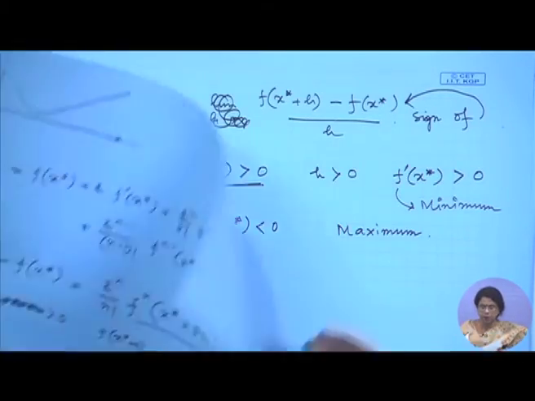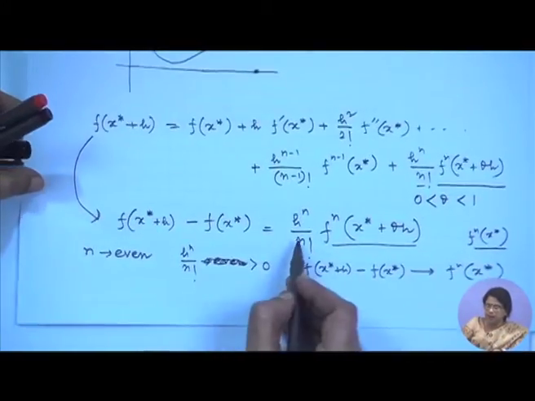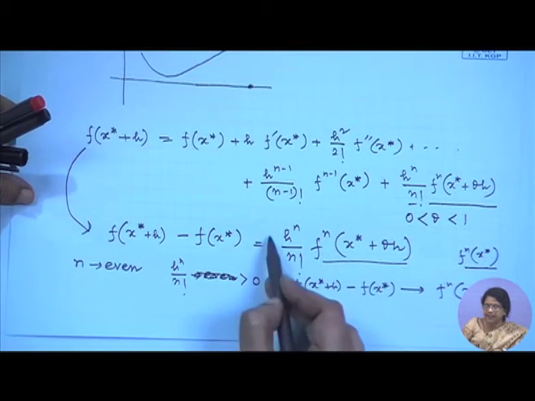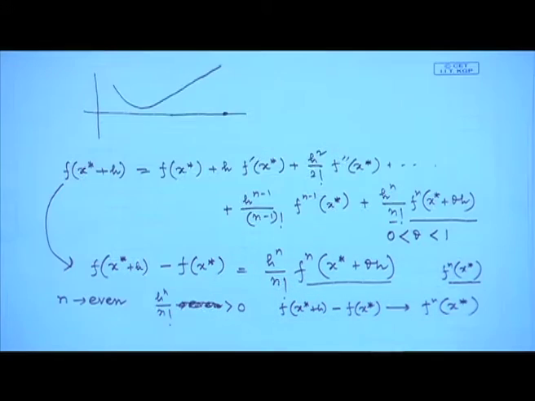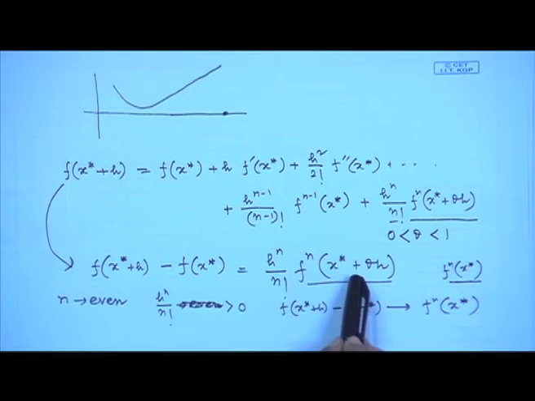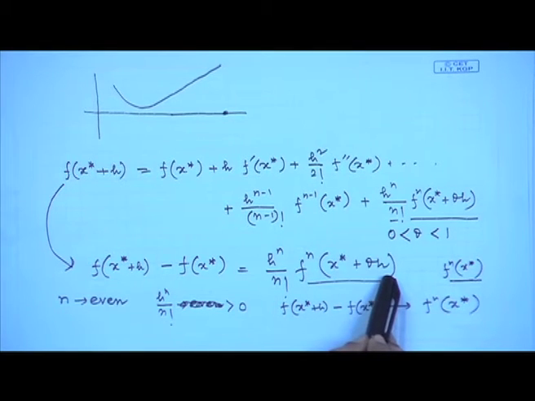But when n is odd, look at this function. If n is odd, we cannot say anything from here. Now, you see what we are getting from the Taylor series: f(x star plus h) minus f(x star) is equal to h to the power n by n factorial times f^n(x star plus theta h).